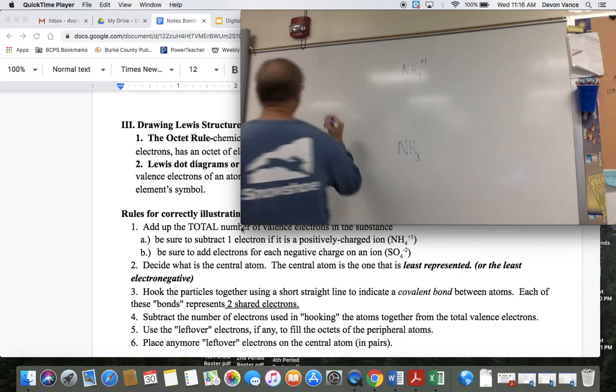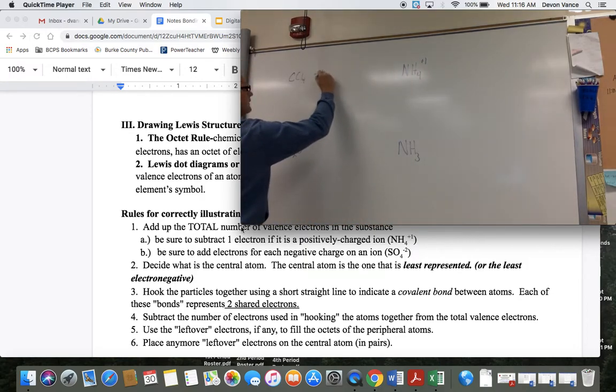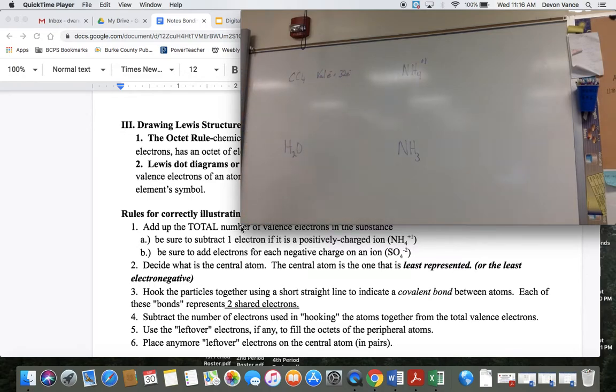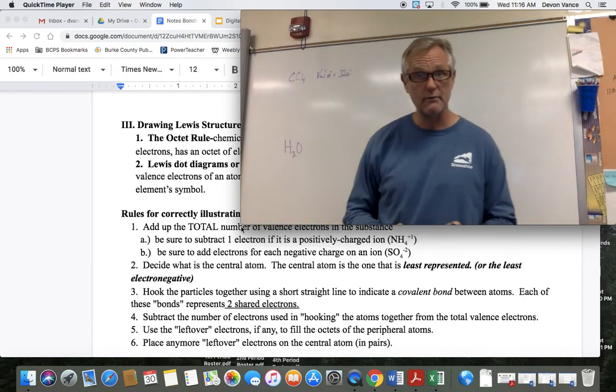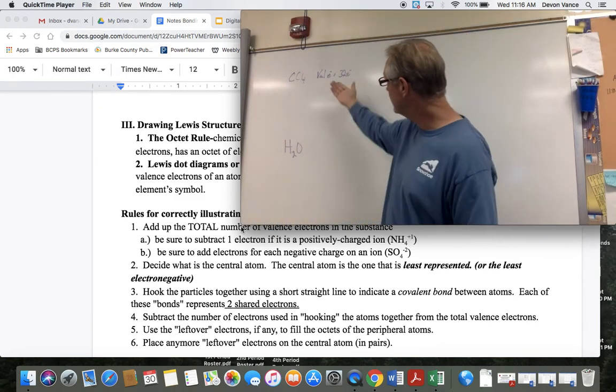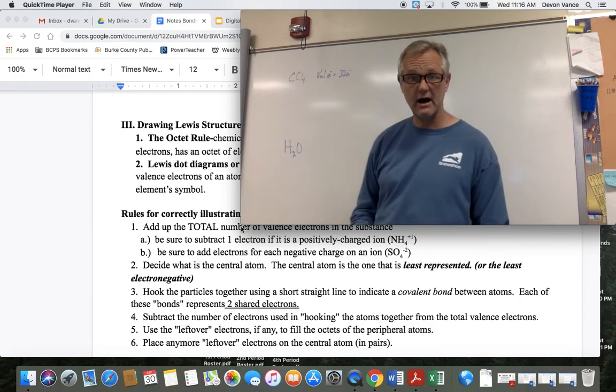So I end up with 28 plus 4, which is 32 electrons. So step number 1, if you look, it says add up the total number of valence electrons. That's what I did, and I wrote it right beside the compound.